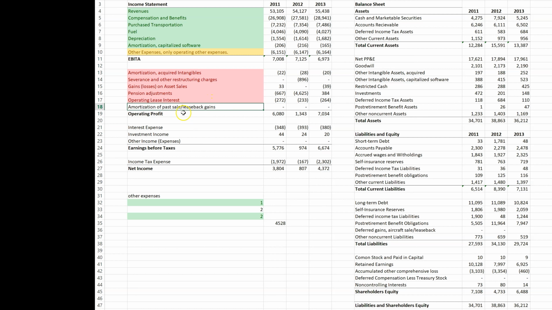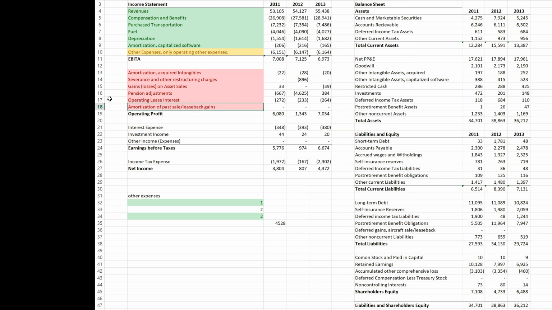The amortization of past sale leaseback gains. Now, we don't have any of these items. This is purely here, and again, this is not operating in nature, but it's purely here because it's an item that FedEx has. And so when we're comparing FedEx and UPS, for me, it's helpful to make their consolidated statements have the same items.